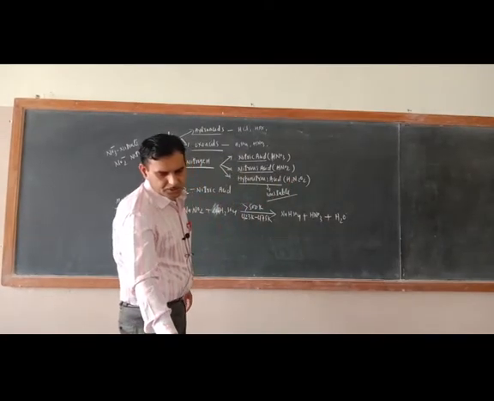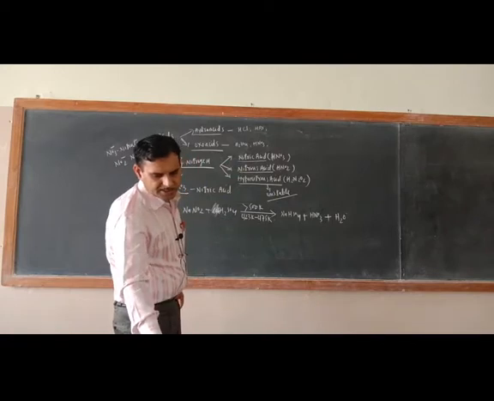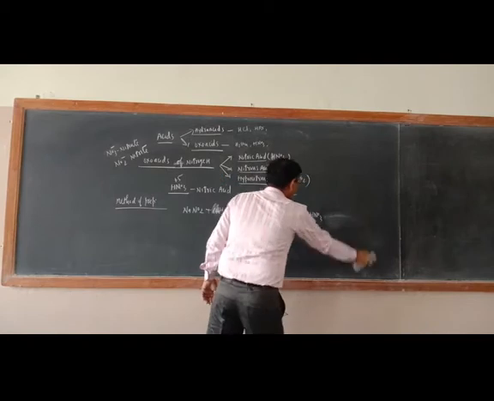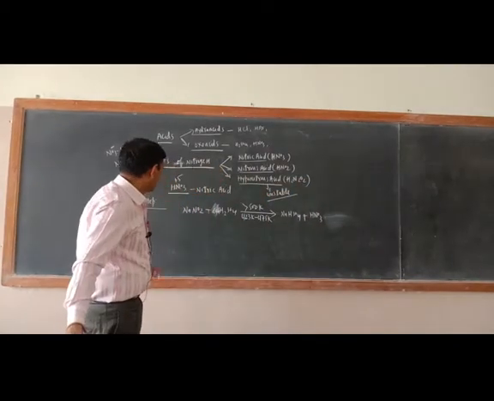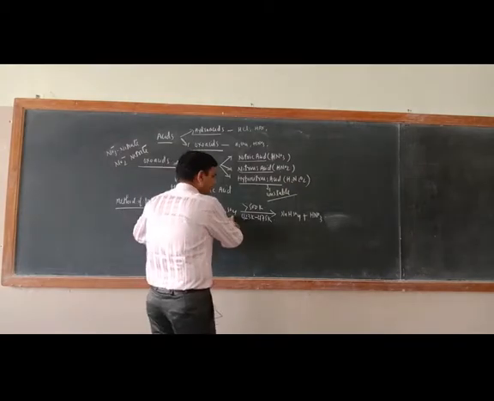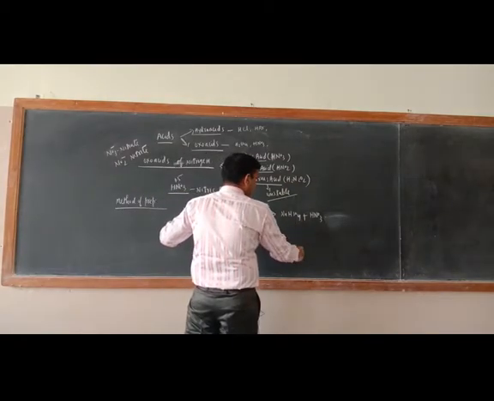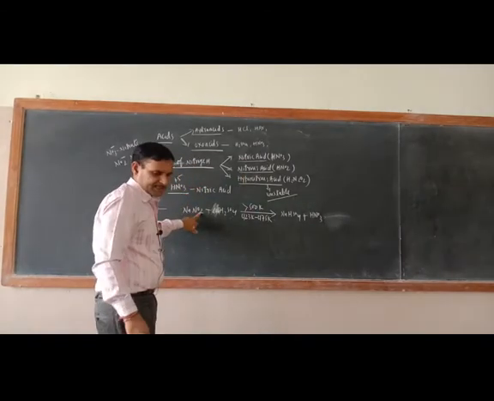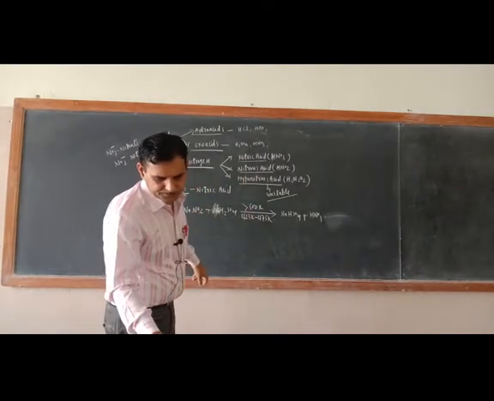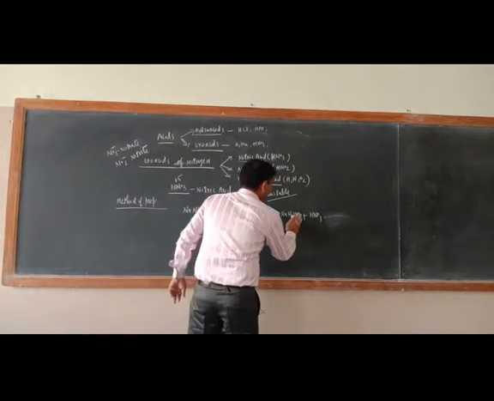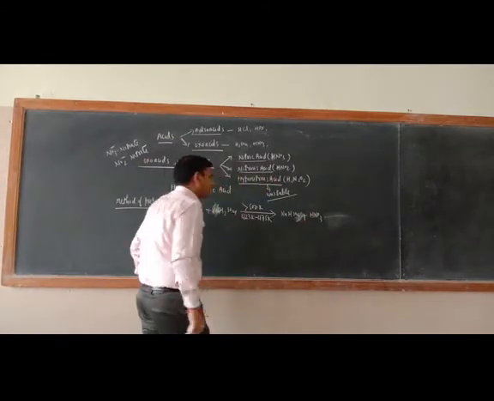Let's check: 2 oxygen, 6 oxygen should be there. This side there are 7 oxygen, so balancing is required. This is NaHSO3. Yes, now it is balanced.